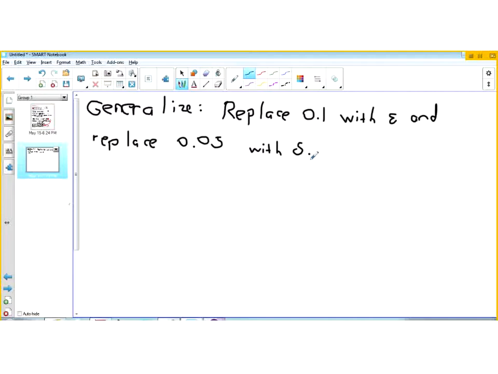Okay. All right. So in other words, instead of using hardwired numbers in the previous example, we're going to replace them with variables epsilon and delta. Okay. And then once we do that, a mathematical definition emerges.